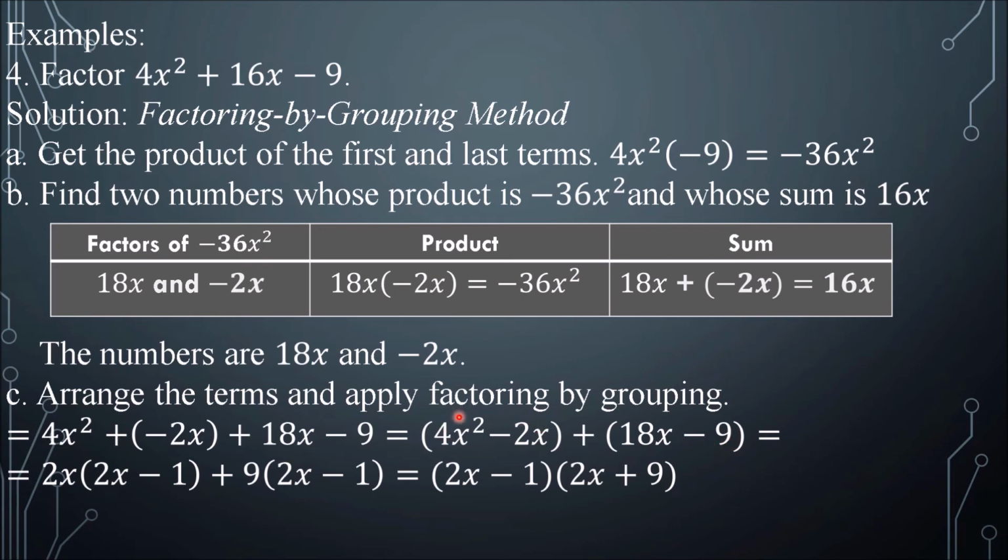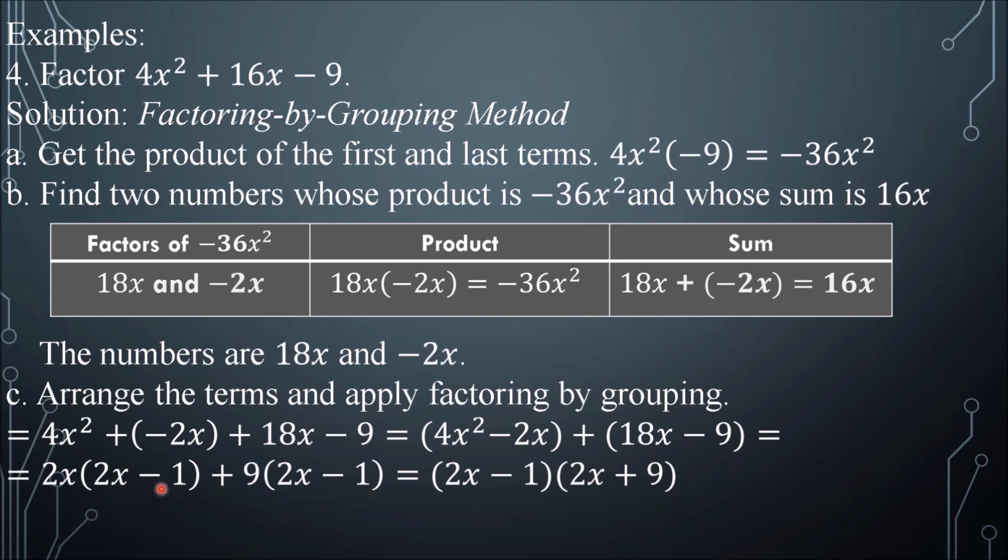Now, what's the common monomial factor in the first group? We have 2x. The remaining factor is 2x minus 1. In the second group, 18x minus 9, the common factor is 9. And the remaining factor is 2x minus 1. Take note, we need to have the same remaining factor.